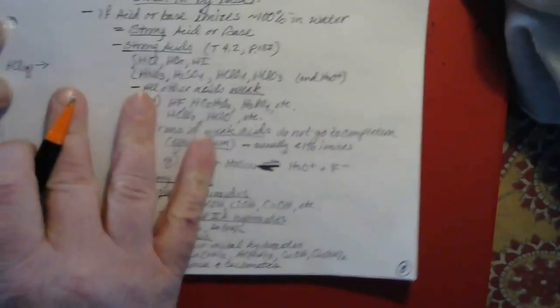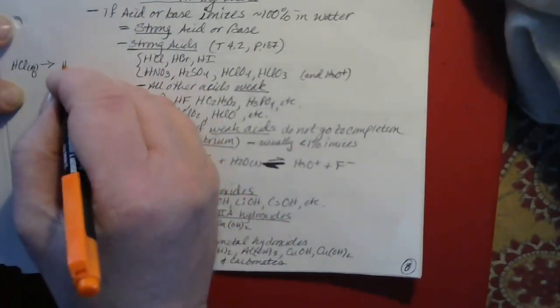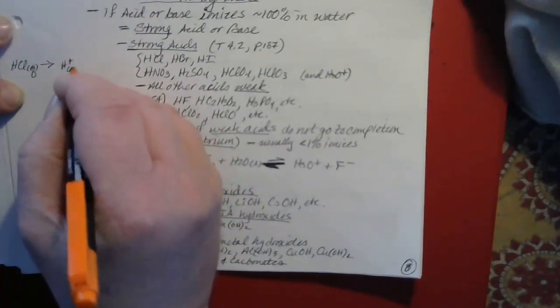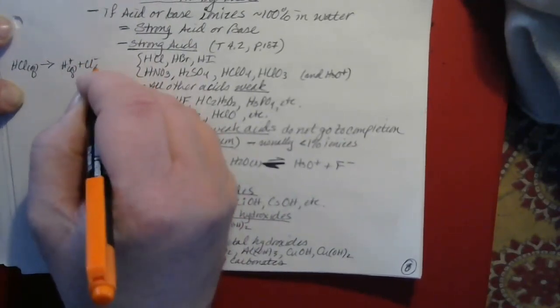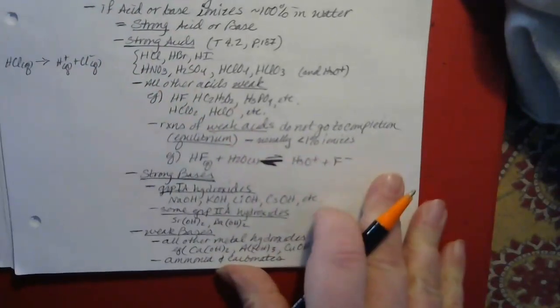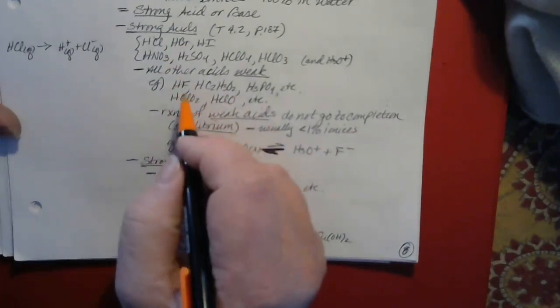And so if you put hydrochloric acid in water, HCl aqueous will completely ionize into H plus aqueous plus Cl minus aqueous. Total and complete ionization. And that's what makes it a strong acid.